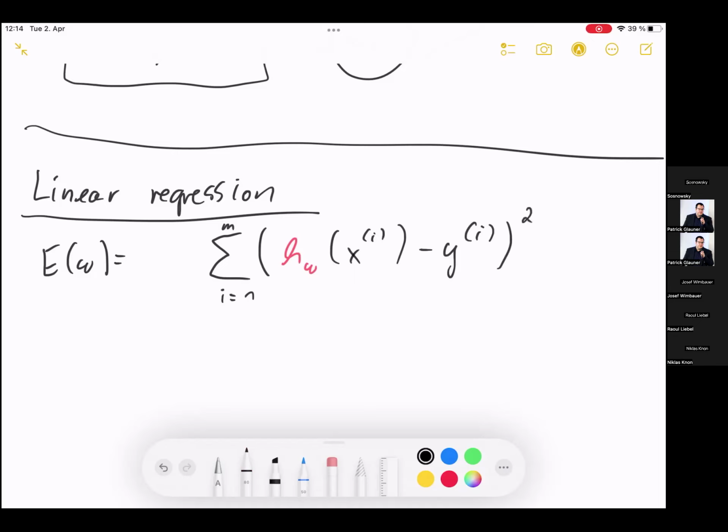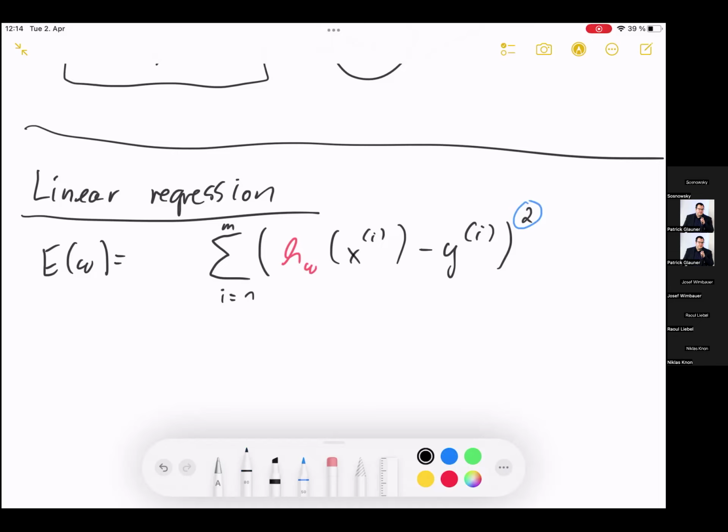We have the difference of these two, and the difference could be 0, it could be positive or negative. That's why what we often do is we just square this error, and by squaring the error, we make sure that the difference is 0 or greater than 0, and small errors contribute little, and big errors contribute even more.